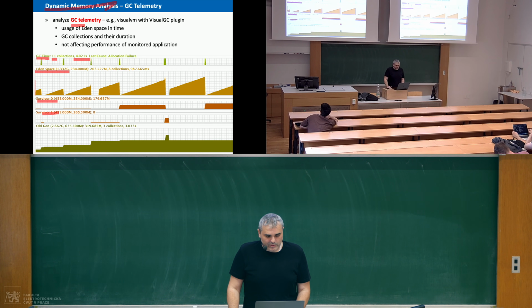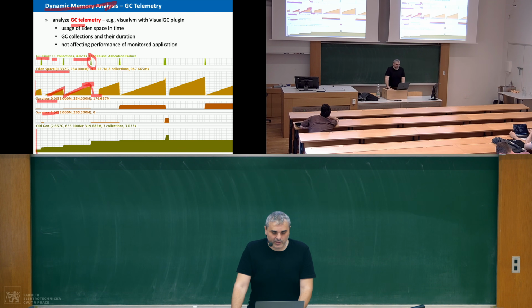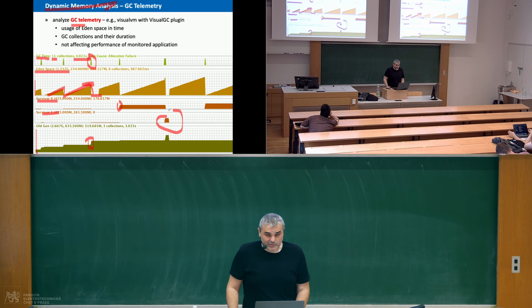This is not the time, this is the consumption of the heap space, and also old generation consumption. So you usually see this saw pattern where you are creating a lot of objects. If there is no more space, it triggers garbage collection. This is here. And garbage collection usually results in emptying the heap space, copying surviving data into the old generation or into one of the survivor spaces.